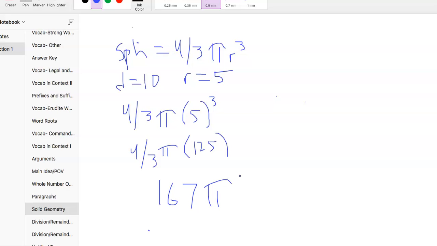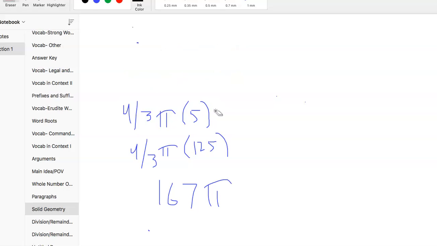There we had to remember that diameter is twice as long as radius, and then again we're just plugging this stuff in. It's really about knowing these formulas and then being able to plug in and multiply, and know a little bit about exponents, as far as squaring or cubing numbers. That will show up here a little bit. Sometimes people get confused about cubing numbers. You just multiply the original number into itself twice.